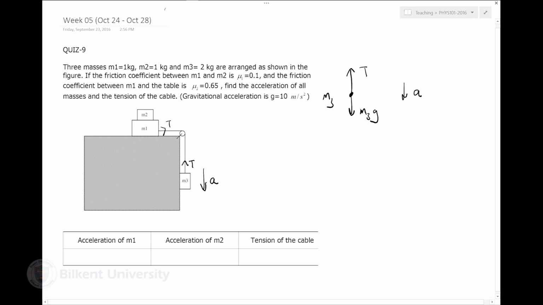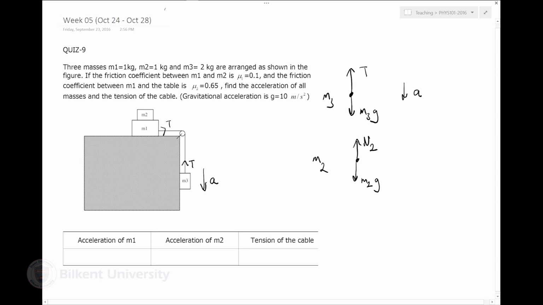How about M2? Let's start with the obvious one, M2G. And there must be some normal force because this is not sinking down into the first mass. Let me call that N2. But now, the friction force.